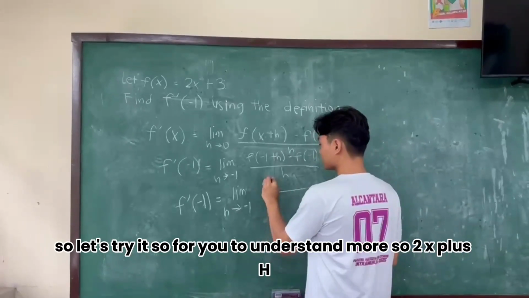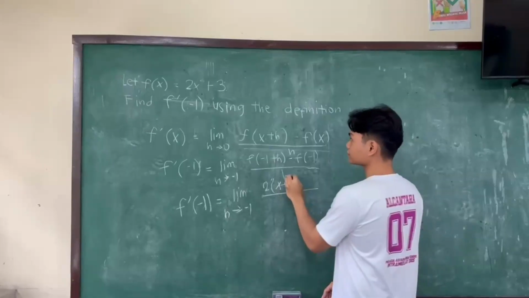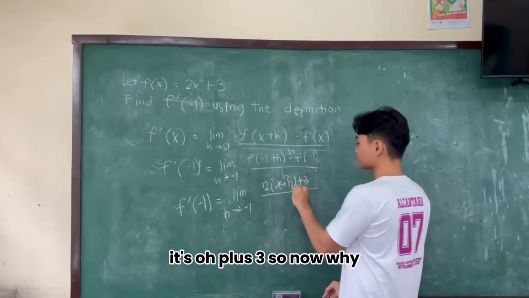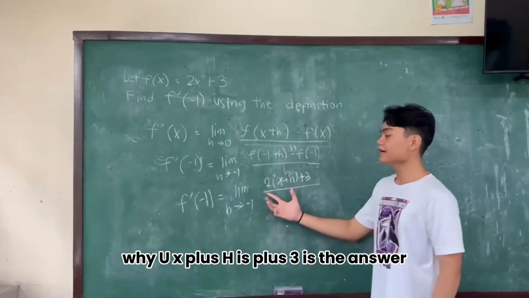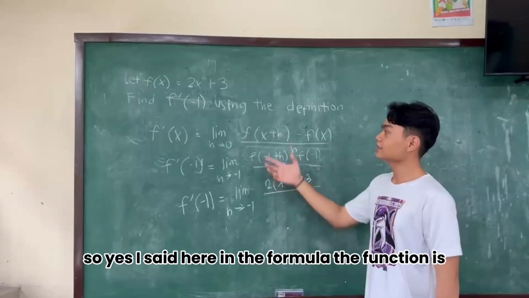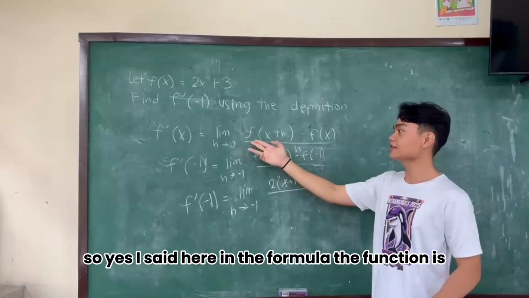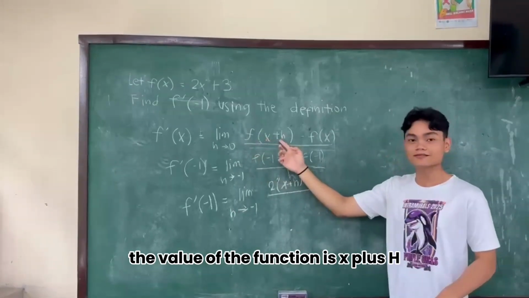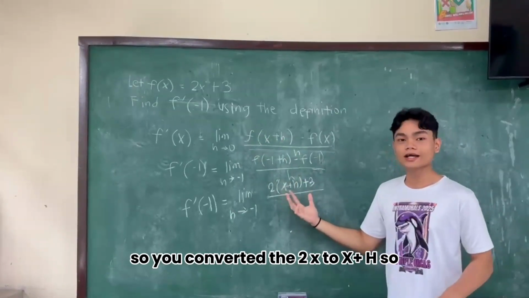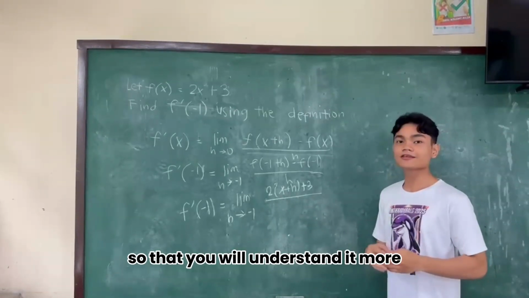So, 2 times x plus h, plus 3. That is the answer, because as said in the formula, the value of the function is at x plus h. So you converted the 2x to 2 times x plus h, so that you will understand it more.